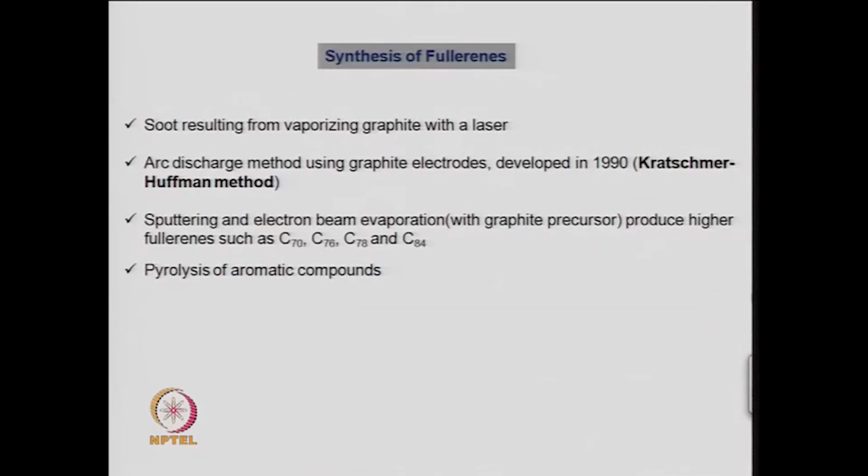From that soot also you can get some fullerene type of compounds. Of course, the proportion of which fullerene you get depends on the method, and to get pure fullerenes by one method is quite a tough job. Normally, you have to separate these fullerenes once you get the soot through different chemical processes.